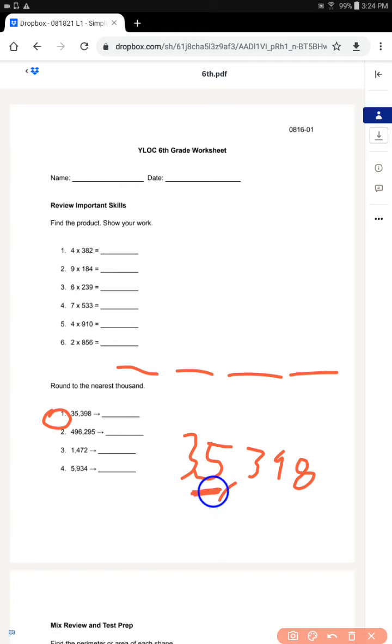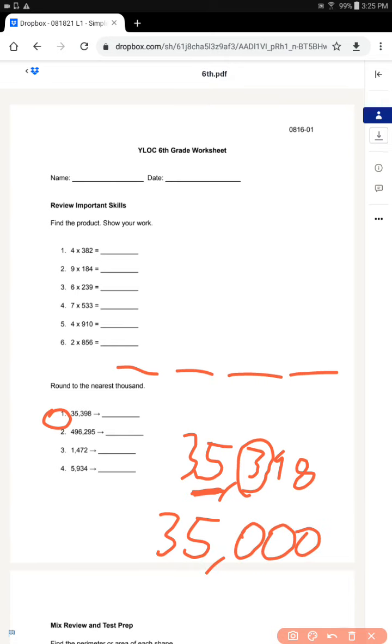So since this is the thousands place, what we're actually going to be looking at is this spot right here. And since 3 is less than 5, so it's in the bottom half, we're going to round down. So if we round this to the nearest thousands, what we get is this right here, 35,000.